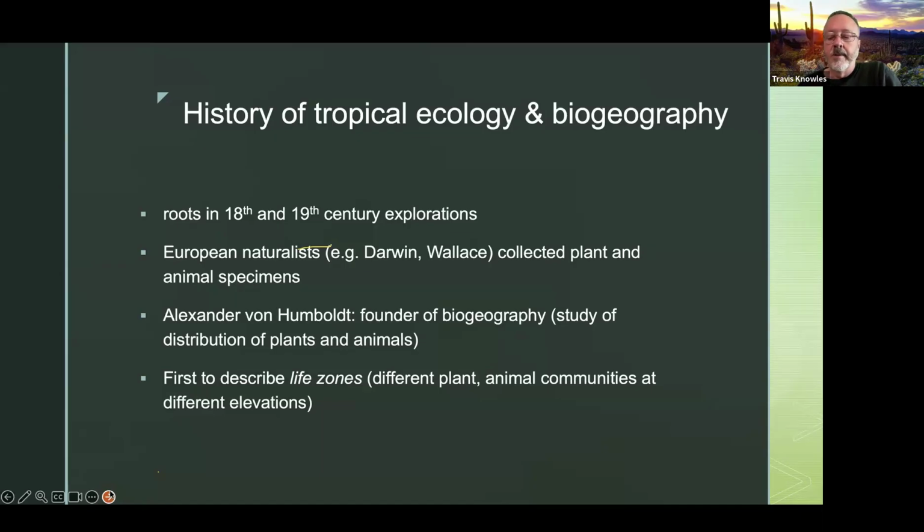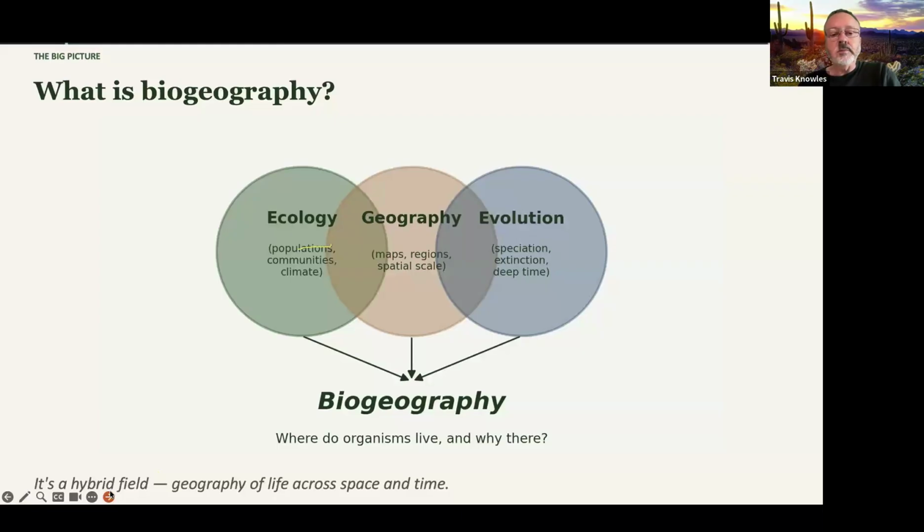And we'll talk about some of the reasons for that and try to unpack those rules that Humboldt described in turn and called life zones in mountainous areas of the world.